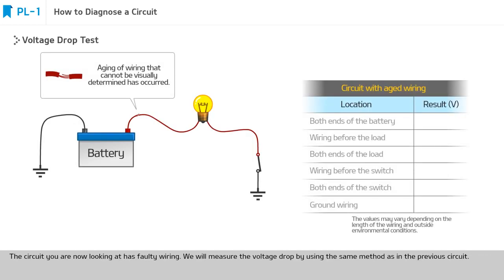The circuit you are now looking at has faulty wiring. We will measure the voltage drop by using the same method as in the previous circuit.